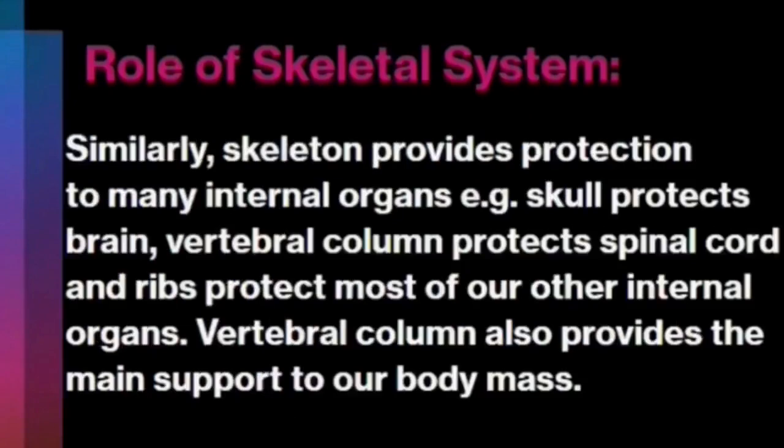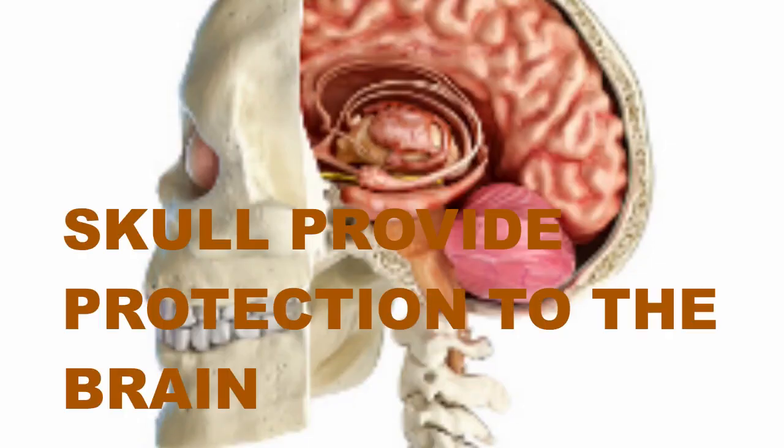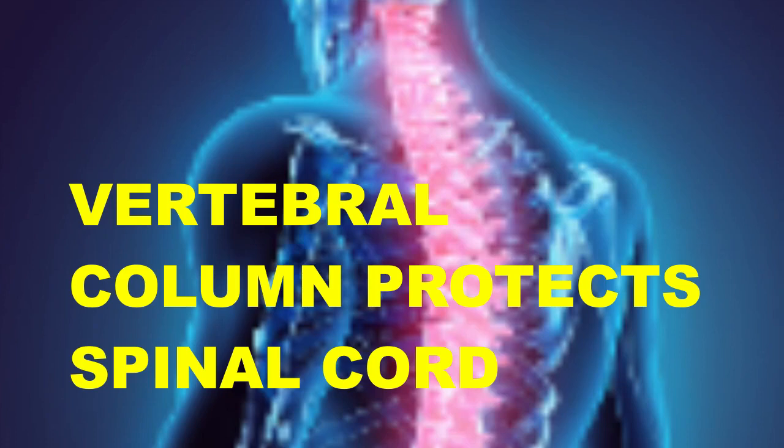Similarly, the skeleton provides protection to many internal organs. For example, the skull is a hard articulated bone which provides protection to the brain. The vertebral column protects the spinal cord.